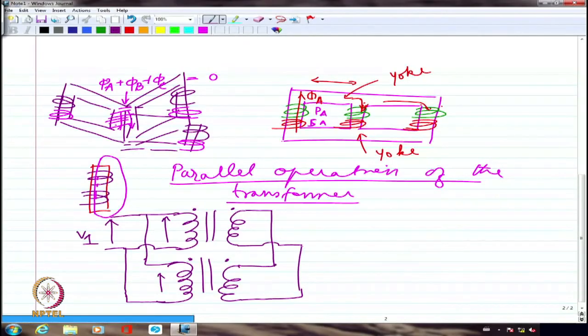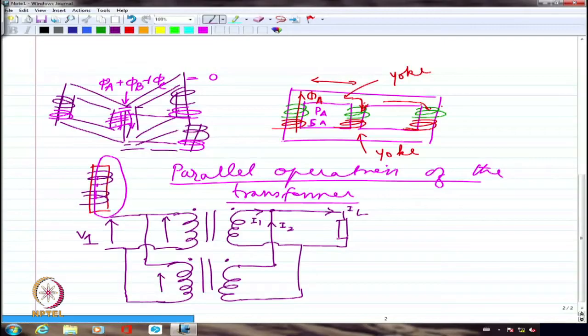Now if I want to connect the load, if it is on open circuit, that's it. I'm not doing anything further. If I have to connect the load, I have to connect it here. The load is common to both of them. If the total load current is IL, the current flowing from here is I1, and the current flowing from here is I2.